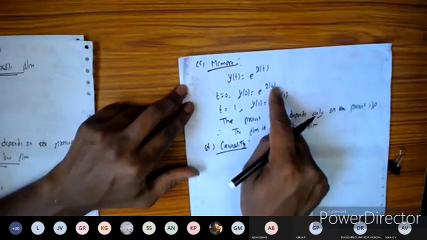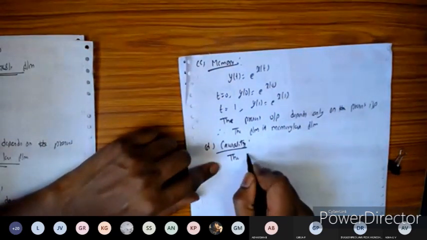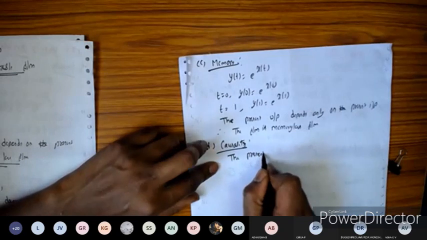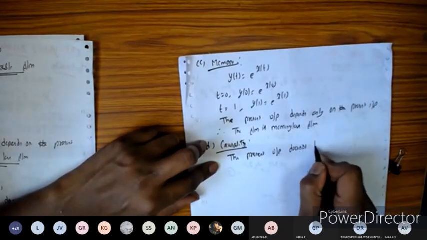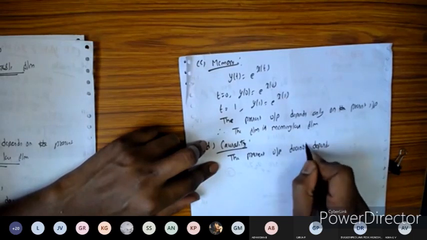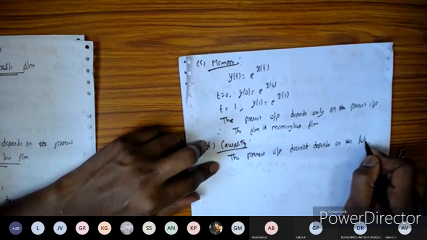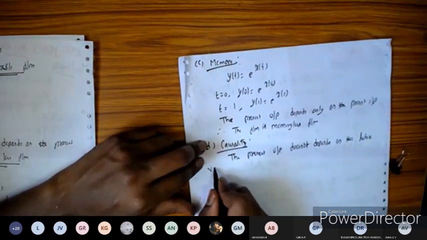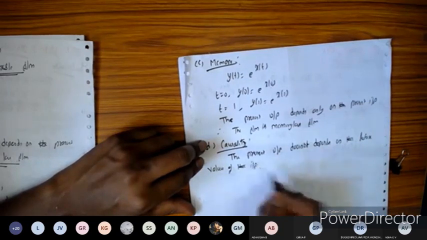It does not depend on the future values of the input.